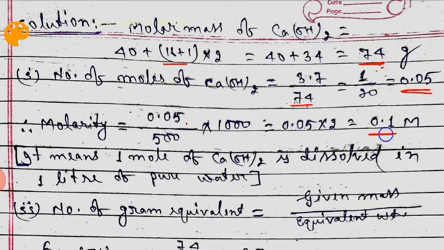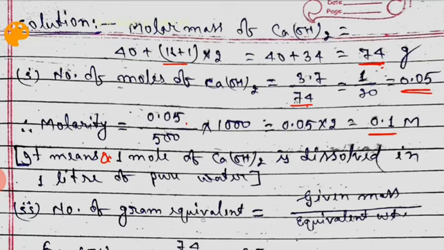That is equal to 0.1. 0.1 M. Means molarity of the solution is 0.1 M. It means 0.1 mole of calcium hydroxide is dissolved in 1 liter of pure water. Means 1 by 10 mole of calcium hydroxide dissolved in 1 liter of water.